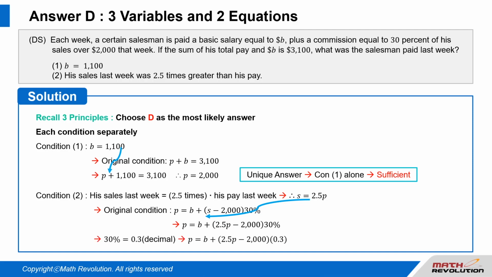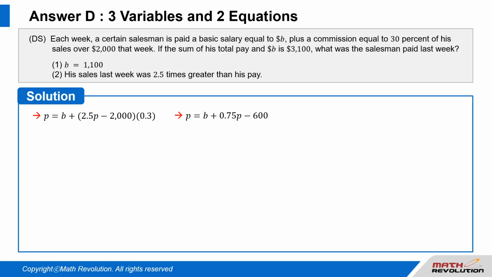We need to convert 30% to a decimal, or 0.3, and then we have P equals B plus 2.5 times P minus 2,000 times 0.3. Distributing through the bracket gives us P equals B plus 0.75 times P minus 600.